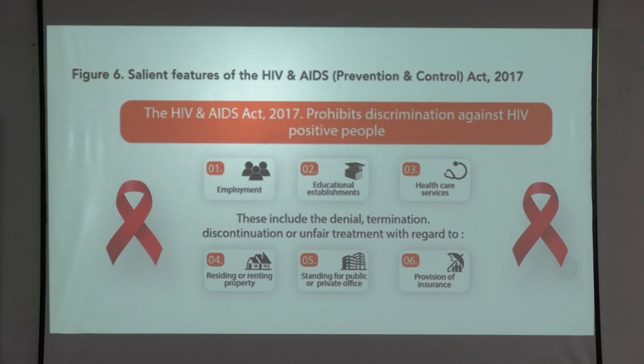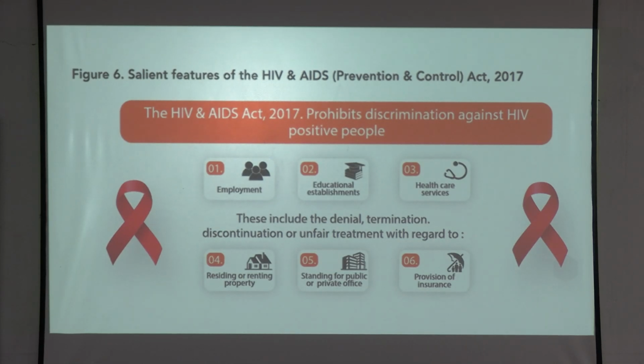One is employment, second is education and establishment, third is healthcare service. That means these are the sites where we are actually giving them service or getting their employment. So we cannot discriminate against any person regarding their HIV status in their employment area. We cannot deny them their education because that is their right, and healthcare, that is also their natural right.